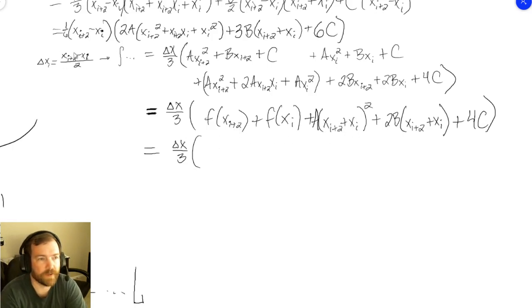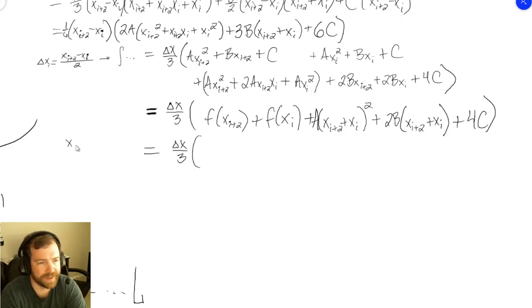From above we had all this stuff here. This was x sub i. Oh no, that's delta x. We don't want that. We want x sub 1.